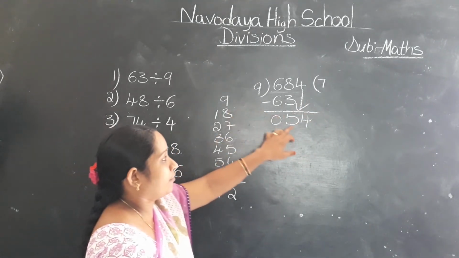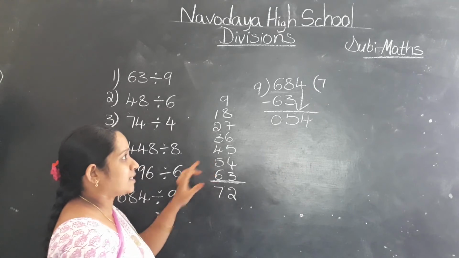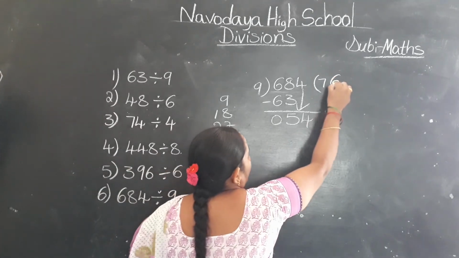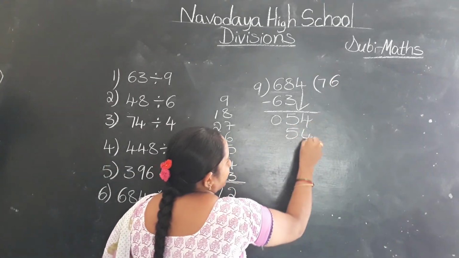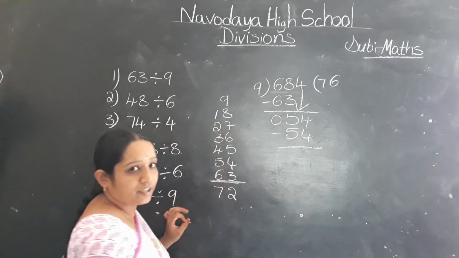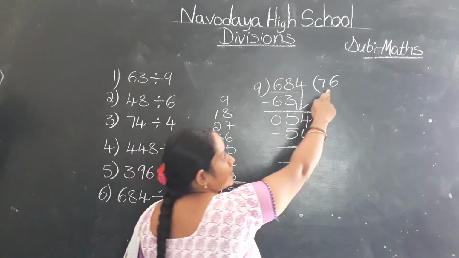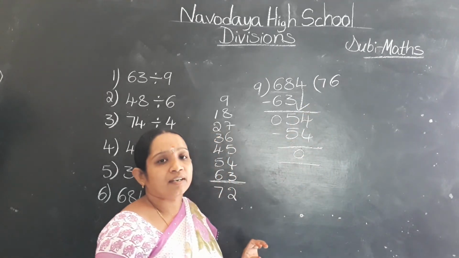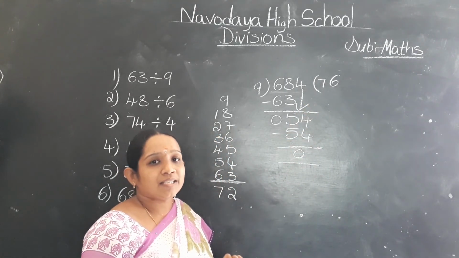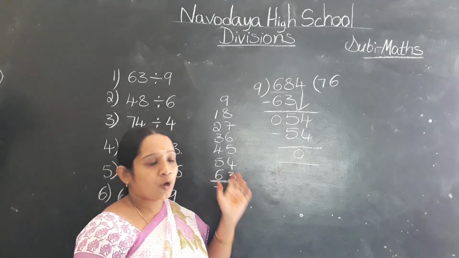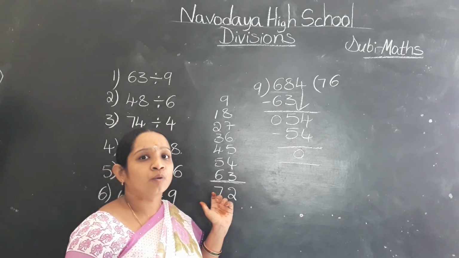In 9 table 54 how many times? 9 sixes are 54. 54 minus 54? 0. Here 0 is the remainder. 76 is the quotient. Like this, you will ask your parents to give some problems like this and do at home. Okay?